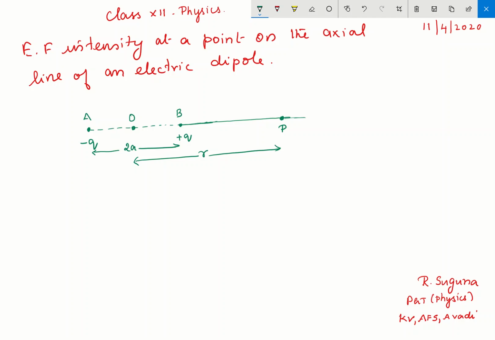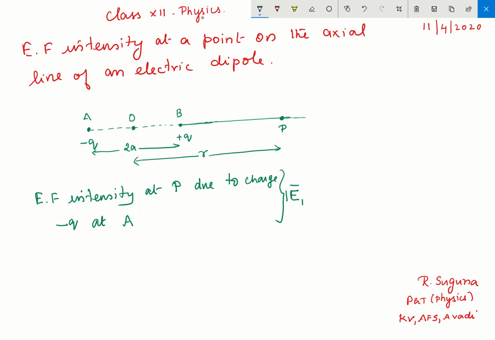So first, let E1 be the electric field intensity at P due to the charge minus Q, which is at A.